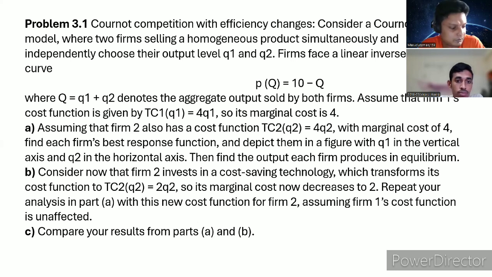In part A, when the two firms' marginal costs are the same, find each firm's equilibrium output. In part B, firm 2 invests in cost-saving technology, so firm 2's marginal cost decreases, and we repeat our analysis from part A with the new cost function for firm 2, assuming firm 1's cost function is unaffected. And in part C, we compare part A and part B.